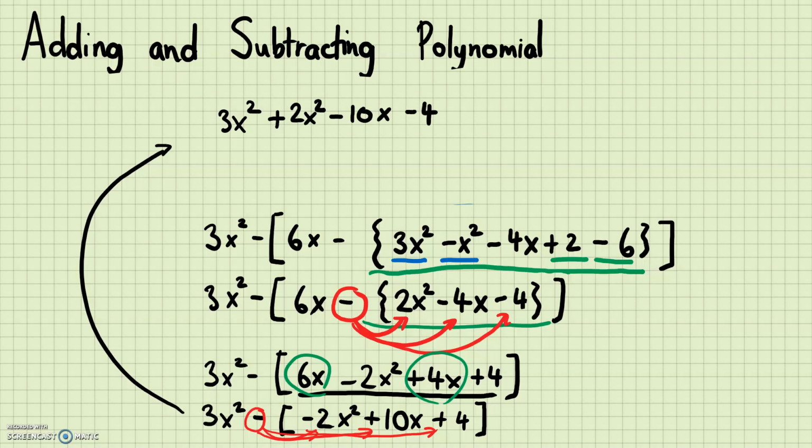Okay, just check if we have any like terms. And in fact, we do. We have 3x squared plus 2x squared, so we have 3x squared plus 2x squared, which is going to equal 5x squared minus 10x minus 4. And we can't simplify anything else, so this would be our answer.